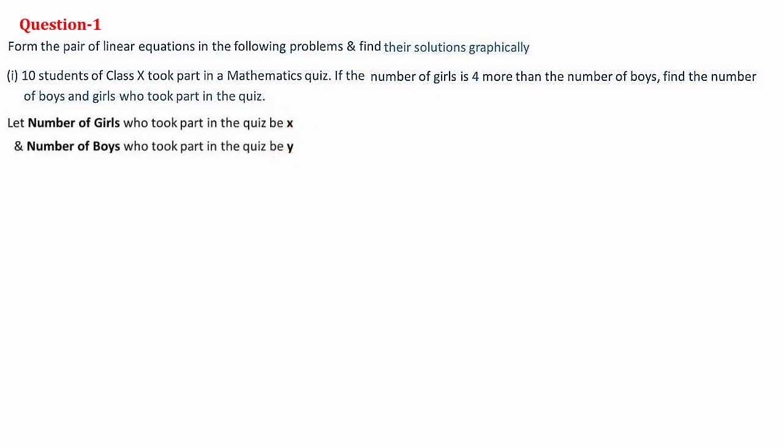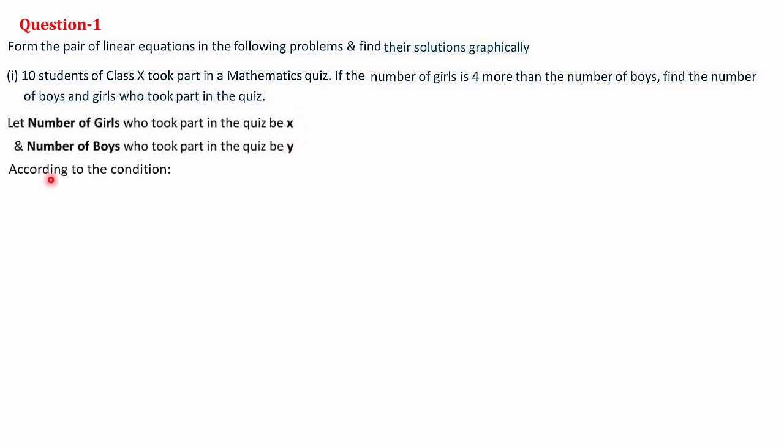Why have we taken the number of girls as x? Because in the condition, the number of girls is mentioned first, so the first alphabet we can take as the number of girls and the second alphabet as the number of boys. If you take the reverse order also, it's not a problem, but we need to take care when we write the equation. When you substitute the variables as per the given condition, it is easy for us to write the equation. That's why we have taken it like this.